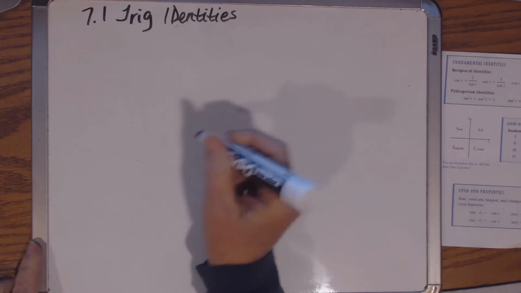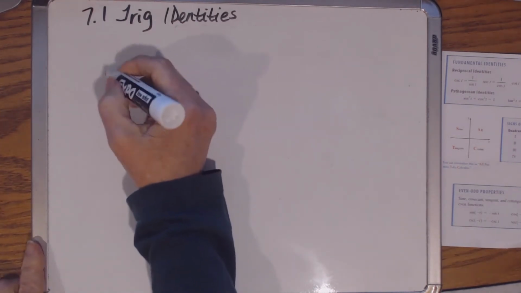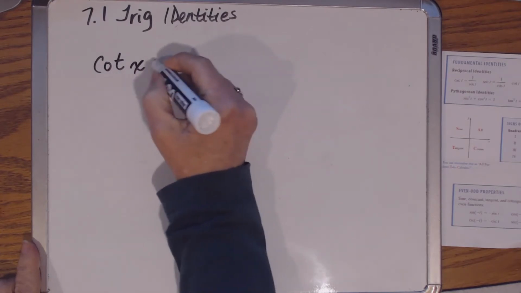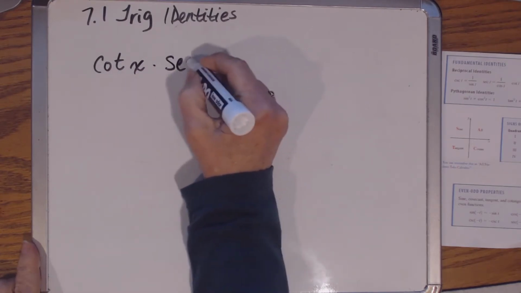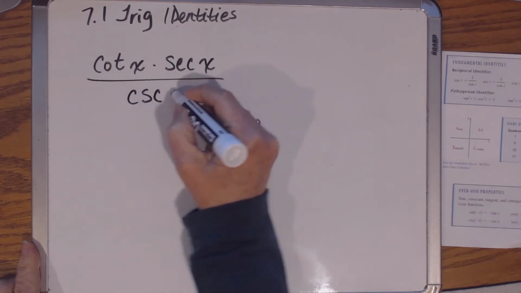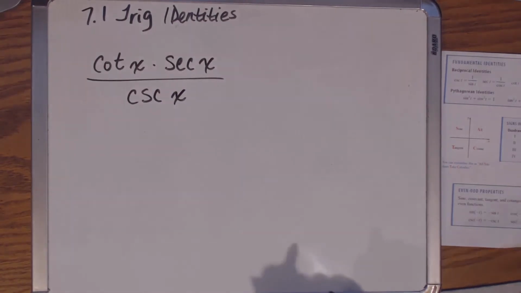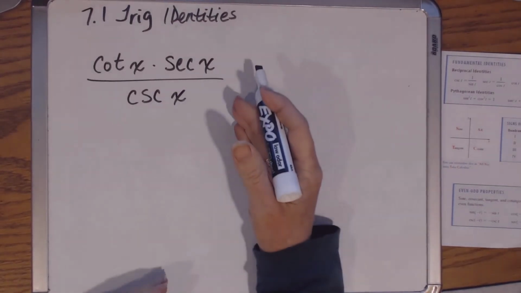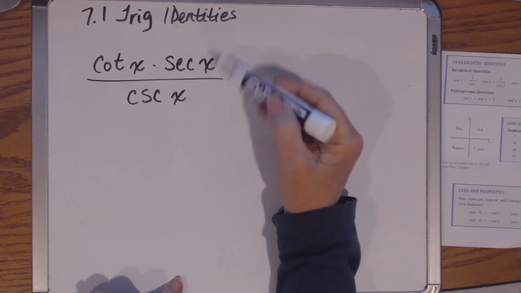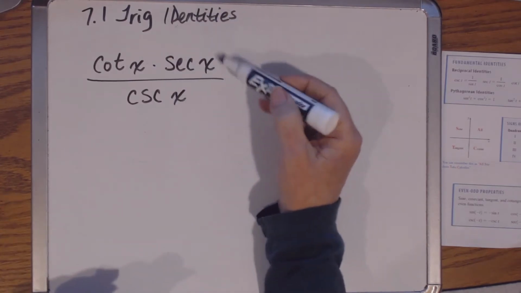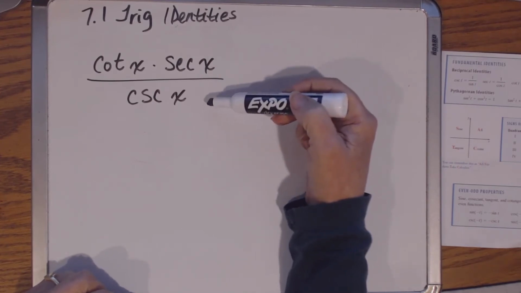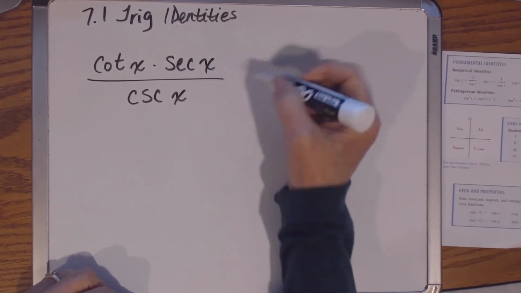Okay, 2 more quick examples here, okay? This one is the cotan x times secant x over cosecant of x, okay? I want to use the trick that I used in an earlier portion: if I'm multiplying by reciprocals, and I can only do this if I'm multiplying, I can't do it if I'm adding or subtracting, then I simply hop the bar with the reciprocal function.